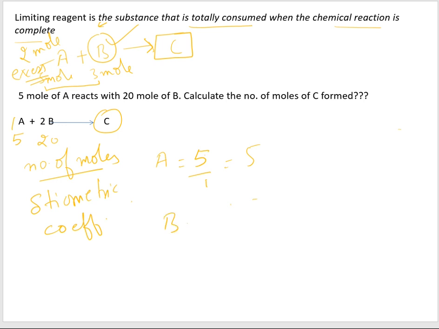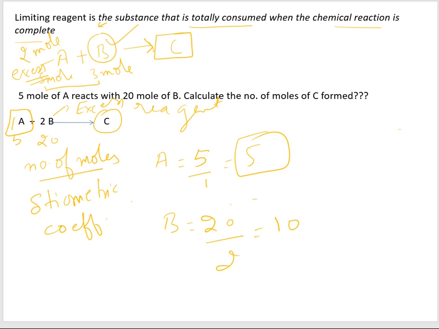For B, 20 moles are given and the stoichiometric coefficient is 2. It will become 10. So 5 is the lesser number. A will be the limiting reagent and B will be the excess reagent. This will be the concept.